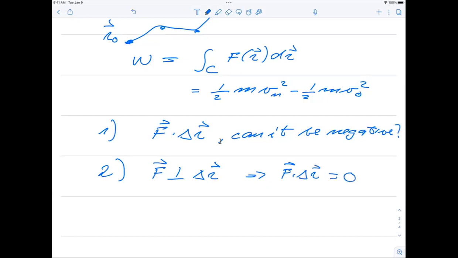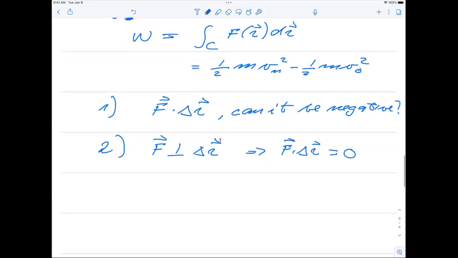What does that mean for the kinetic energy and the velocity? Any good suggestions what that could mean for the velocity which the system has, and obviously then the kinetic energy? Feel free to write that in the chat. What happens to the velocity then?